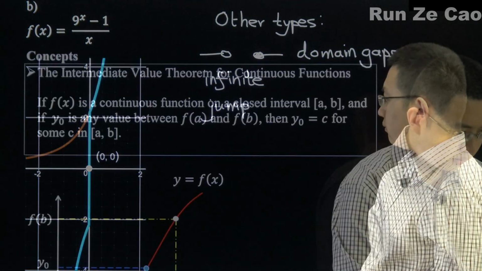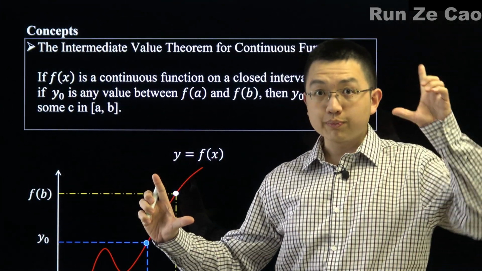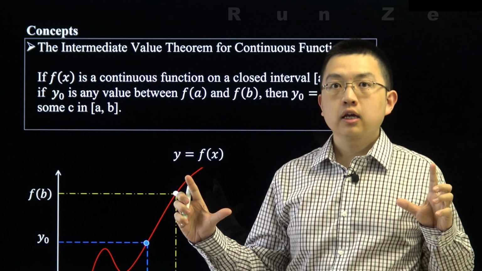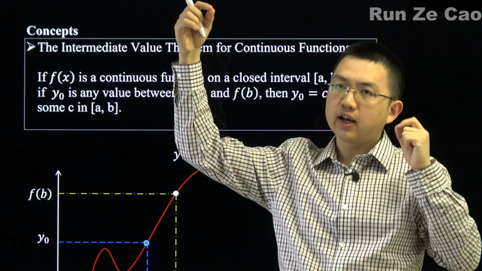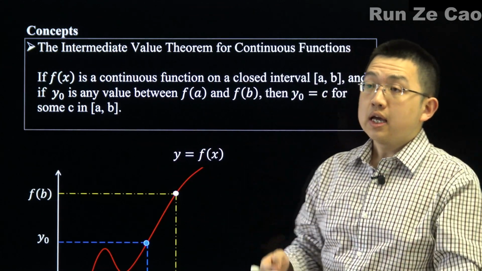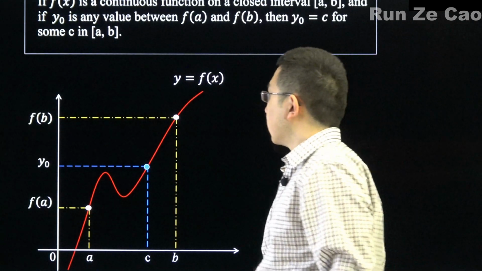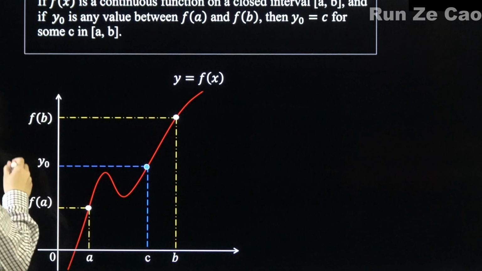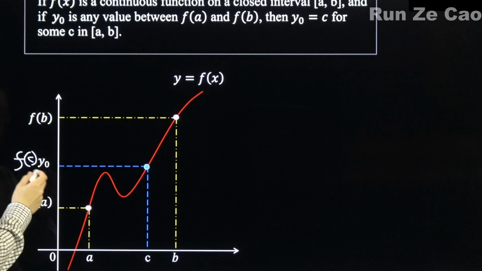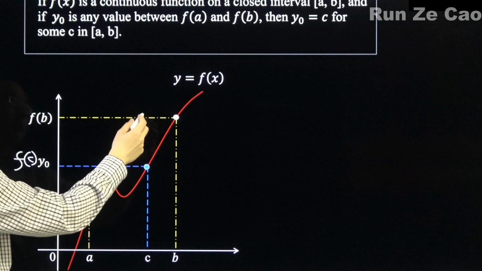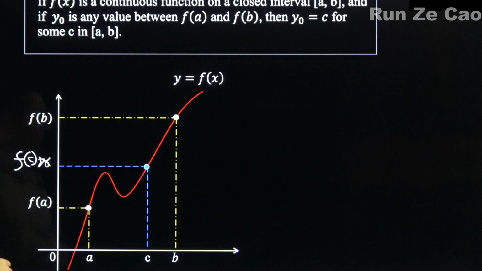All right. Okay, if f of x is continuous on some closed interval from a to b, and between f of a and f of b there is some value c, then there must be some place where, okay, we wrote this as y0, but, well, y equals f of x, we might as well just write it as f of c.